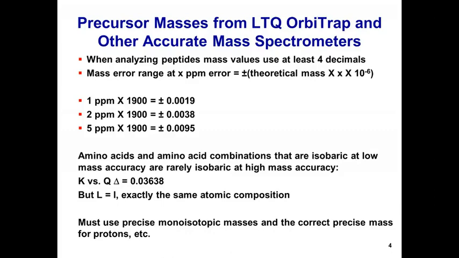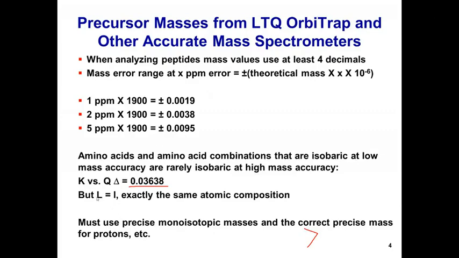An example is lysine and glutamine, K and Q, which differ by 0.03638 Daltons. If I have a low mass accuracy measurement, I cannot tell the difference between these. However, if I have a high mass accuracy measurement, the difference between these becomes quite obvious, as indicated by these mass errors indicated above.